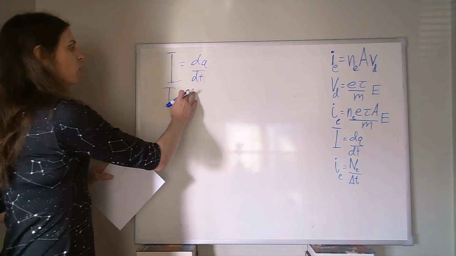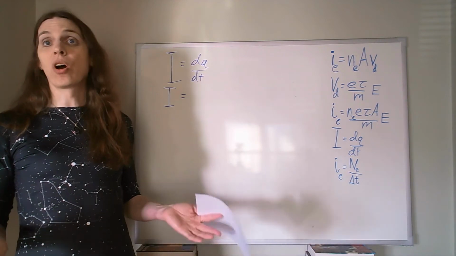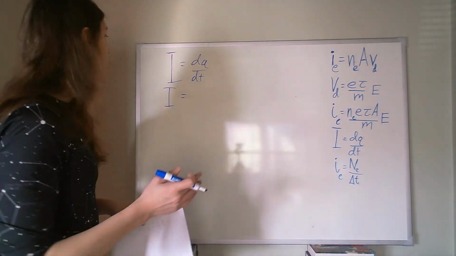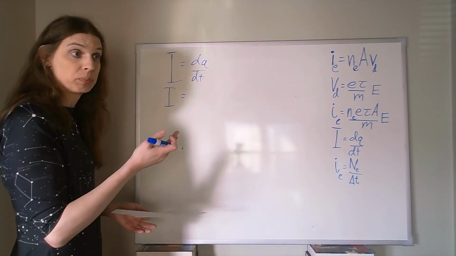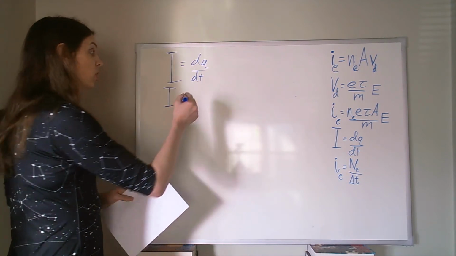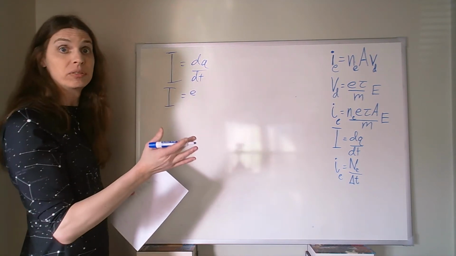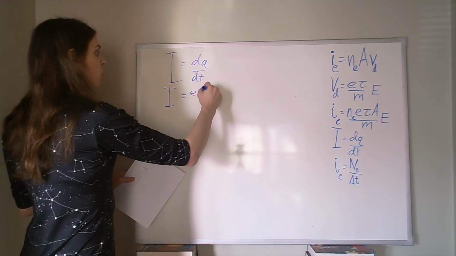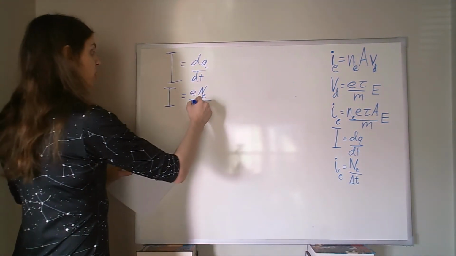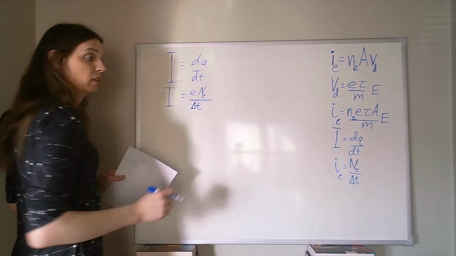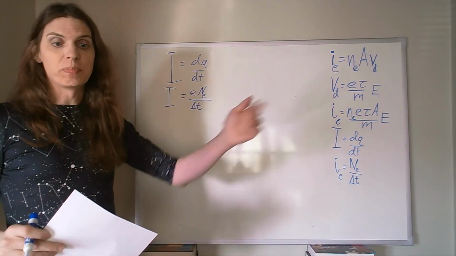Then for our charge carriers in metals and conductors, where the charge carriers are electrons, that's the number of electrons passing through that space per unit time, multiplied by the charge on an electron, or our fundamental charge, e, to give us the magnitude. So e, our fundamental charge, times the number of electrons, divided by the time it takes for that specific quantity of electrons to pass through.